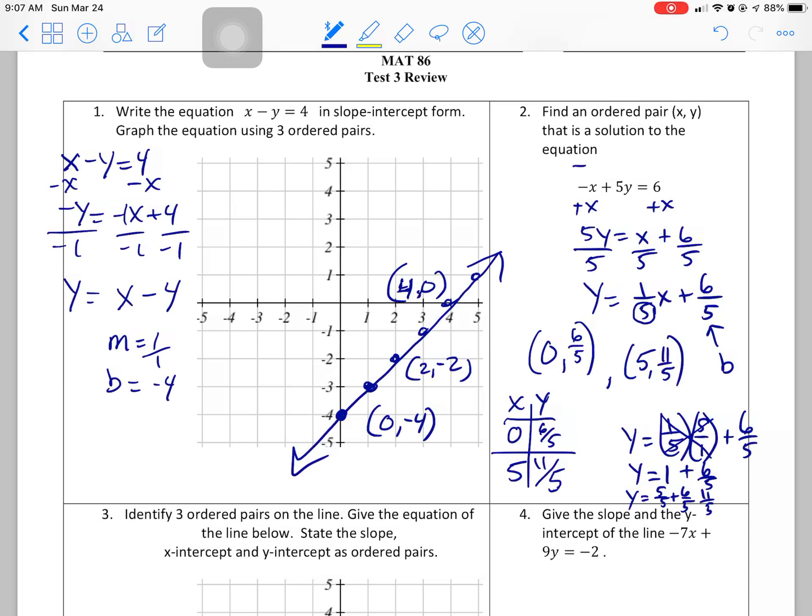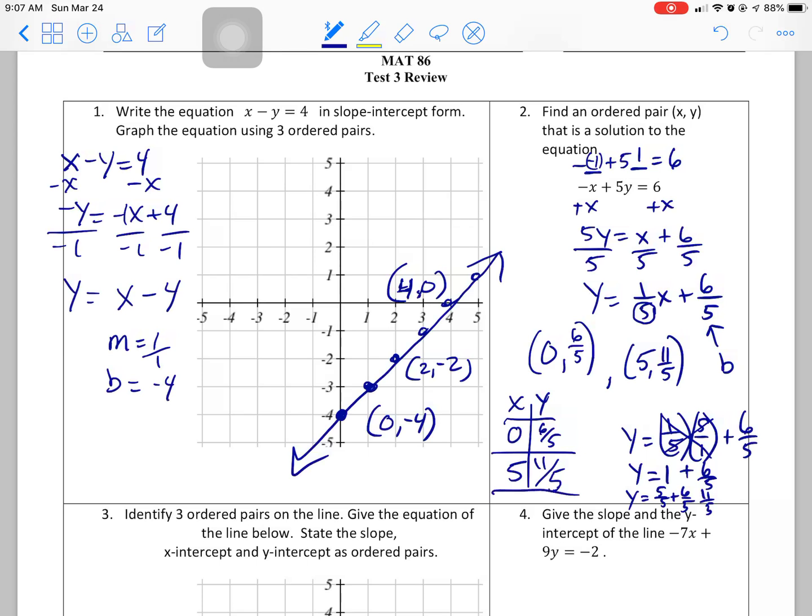But if you were guessing and you put something in for x and something in for y and figure out how to get a 6, can't I put a 1 in here and get a 1 times 5 is 5? So I would need to put a negative 1 in here to get a positive 1. That would work.